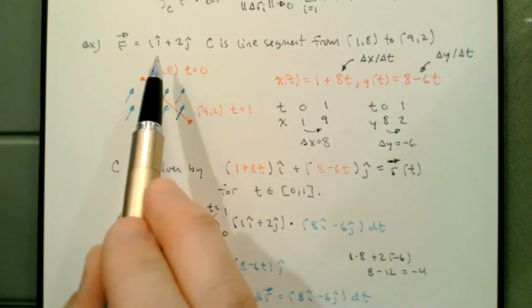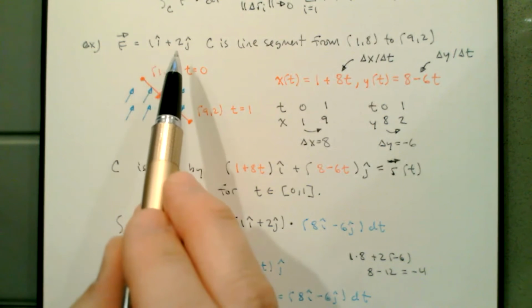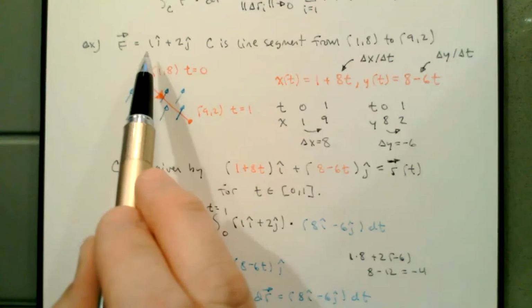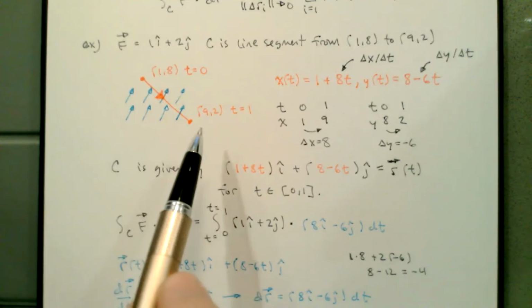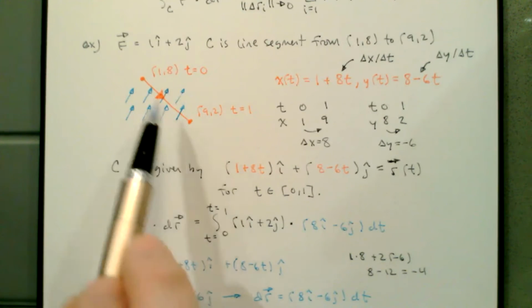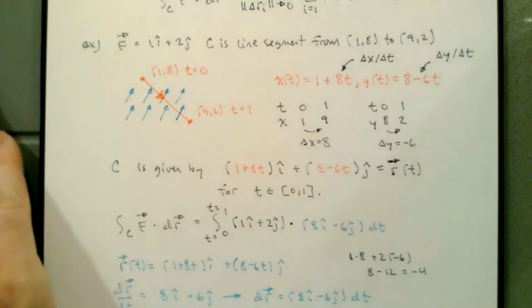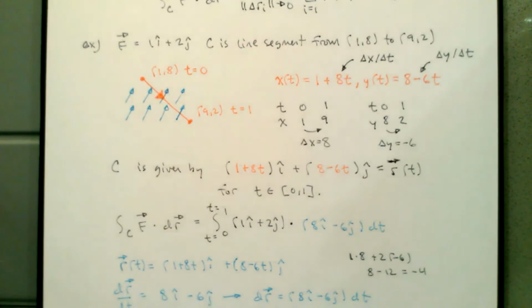And if we look at the vector field, the slope of the vector field is 2. The change in y is 2. The change in x is 1. So it's got more up than it does right. And so at least the answer passes the reality check. If we had gotten something positive here, we might be suspicious, because there's a lot more pointing up than there is pointing right.